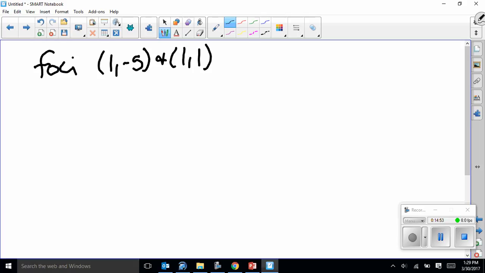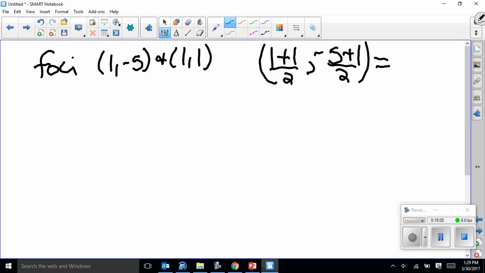Just using the midpoint formula, (1 plus 1) divided by 2, and (-5 plus 1) over 2. That gives us 1 for x. Negative 4 divided by 2 would be negative 2. So our center for this hyperbola is at (1, -2).